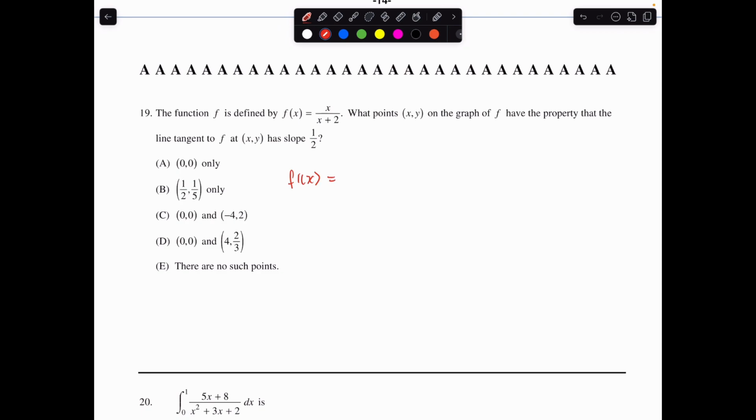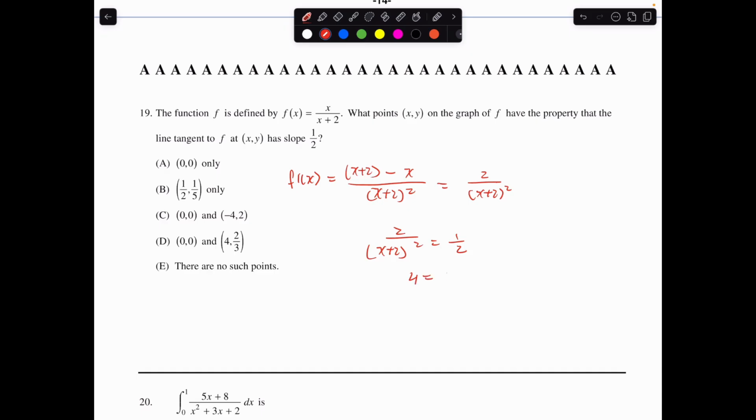So this one I would do the quotient rule. So low d high, which is just 1 minus high, and then d low, which is also just 1, over low squared. So this is equal to 2 over x plus 2 squared. And I want to see when it's equal to 1/2. So 2 over x plus 2 squared is equal to 1/2.